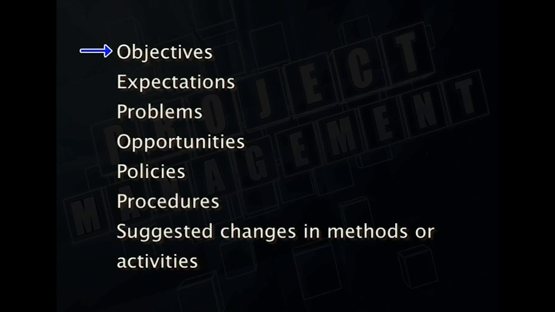The outcome of the evaluation is dialogue concerning disagreements about objectives, expectations, problems, opportunities, policies, procedures, and suggested changes in methods or activities. Many positive collaborative changes can be made through this model of evaluation if conflict resolution skills are combined with evaluation. Another purpose of this model is to diagnose or to identify the causes for certain behavior on the part of some people or sponsors.